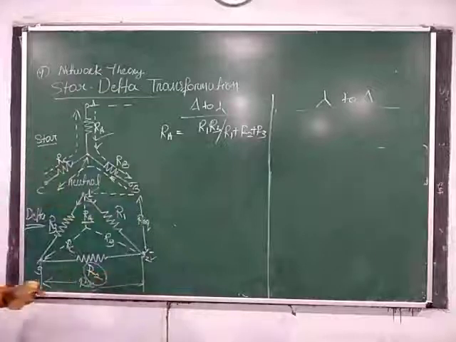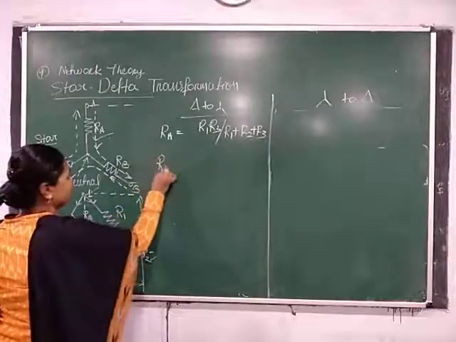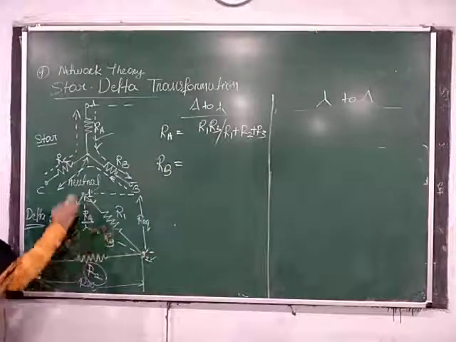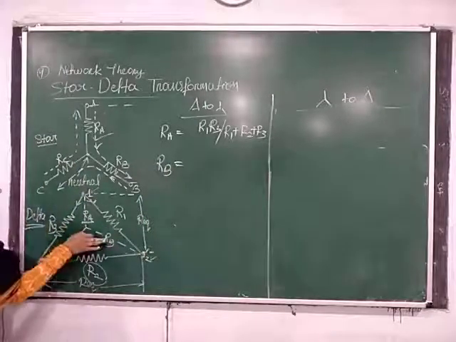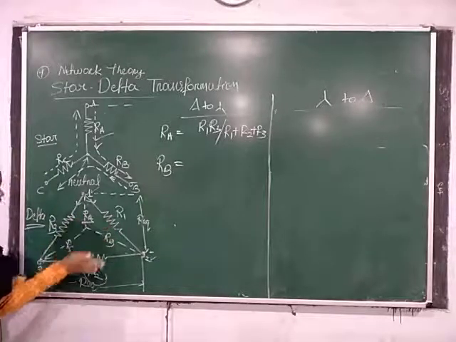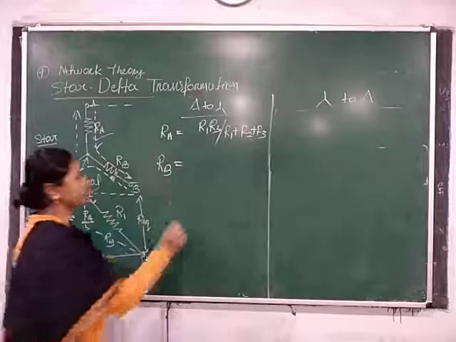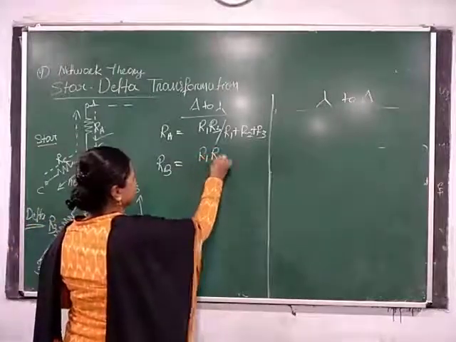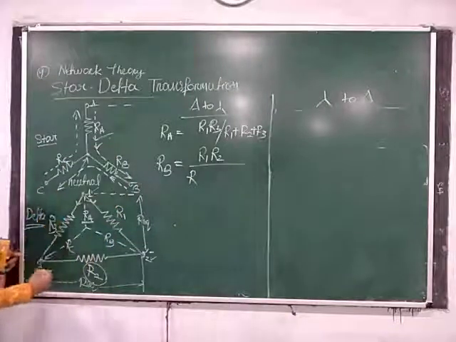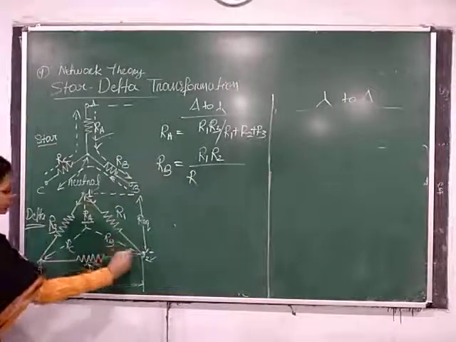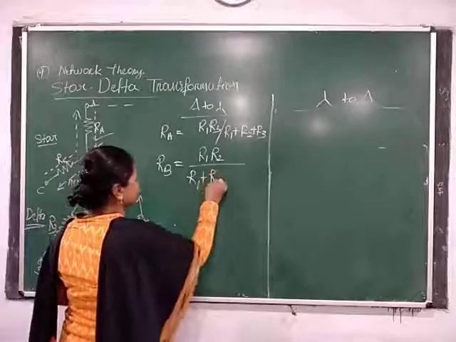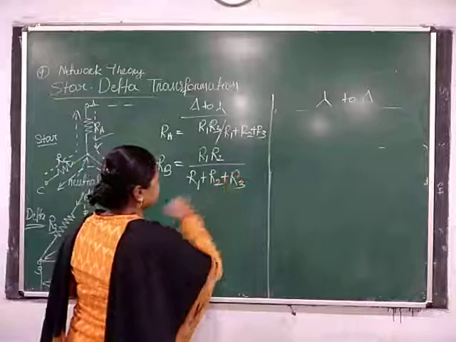Okay. Similarly RB, we need this star resistance with respect to delta. RB is between which two delta resistances, R1 and R2. So their product R1 R2 divided by the addition of the resistances in delta connection, R1 plus R2 plus R3.